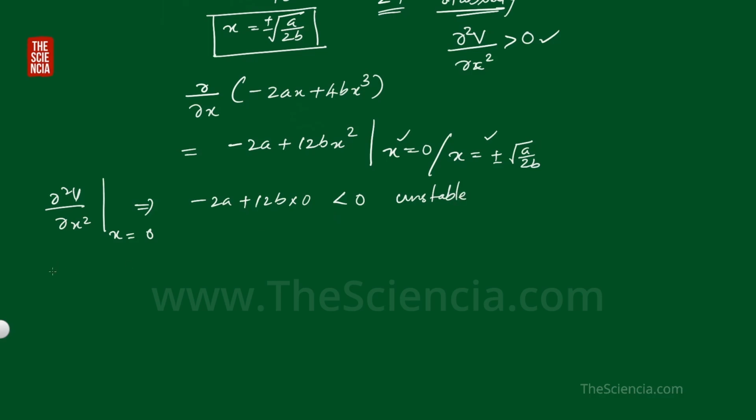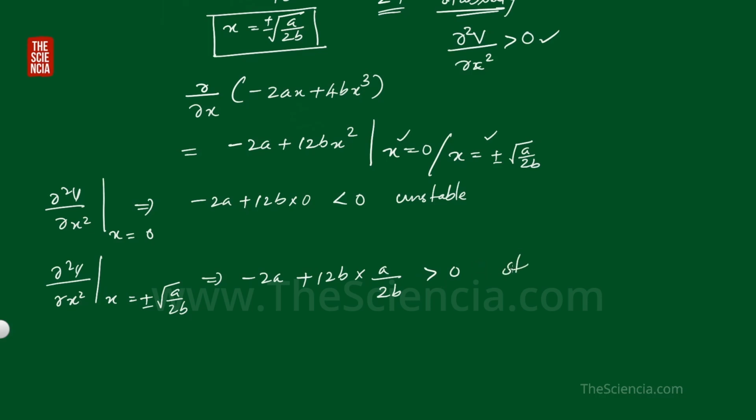Now we have to check ∂²V/∂x² at x = ±√(a/2b). That is -2a + 12b x², that is a/2b. So definitely this value is positive, right? So this is the stable equilibrium point.